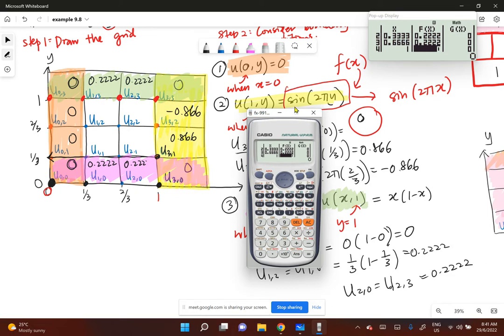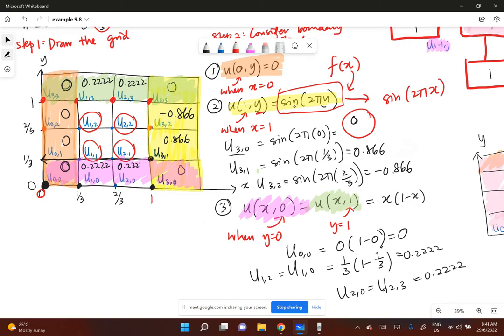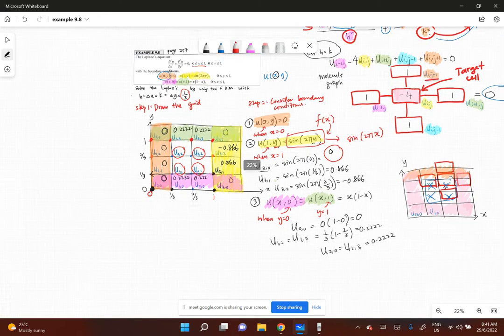Okay, now we want to find this one. What we want to find are U12, U11, U22 and U21. These are the 4 values that we want to find. After we consider all the boundaries, next we have to write this formula in the finite difference form.